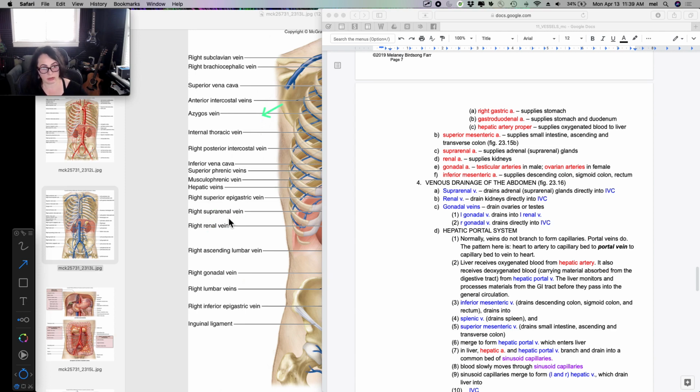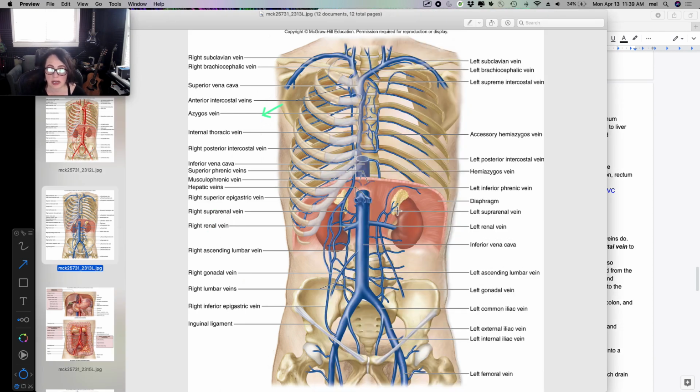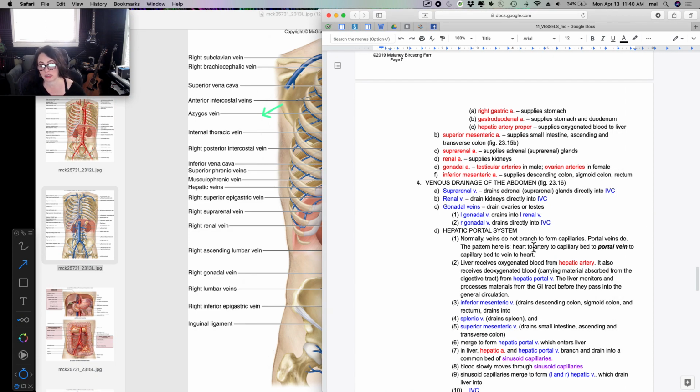The suprarenal veins, these guys right here, either dump directly into the inferior vena cava or into the renals. And I never ask you this particular portion, whether it dumps into the renals, simply because it's not particularly meaningful. It's just like a little evolutionary anomaly. But it is important that they don't use the hepatic portal circulation. So now let's look at hepatic portal circulation.